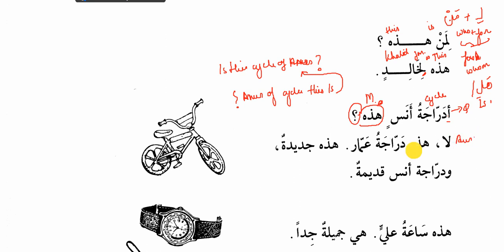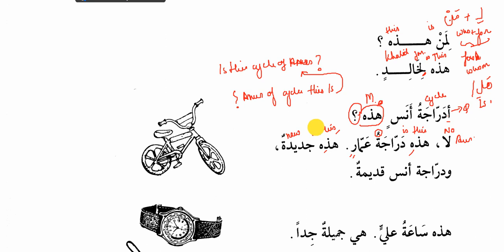This is how you can recognize daraja Ammarin. No, your answer is no. This is cycle of Ammar. Full stop. Hadhihi jadida. This is new.